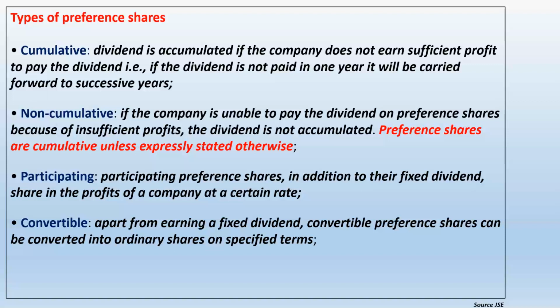And so the convertible share is going to be converted into an ordinary share somewhere in the future. What are the benefits for the shareholder of a convertible preference share? Well, now he becomes a real shareholder. If he's an ordinary shareholder, he has the right to vote at the general meetings. And what do they do in the general shareholders meetings? They appoint a board of directors.